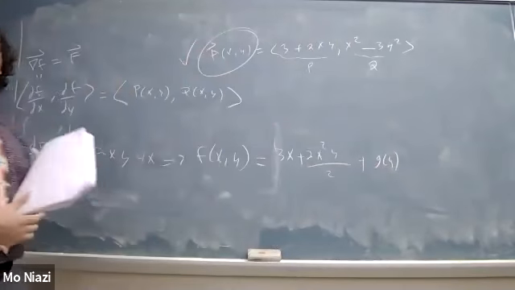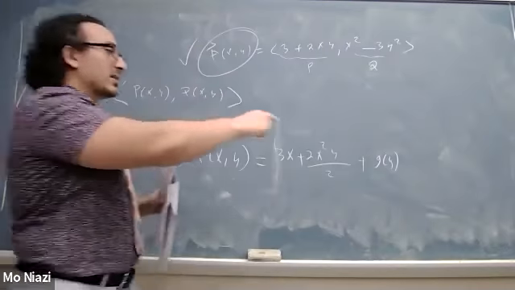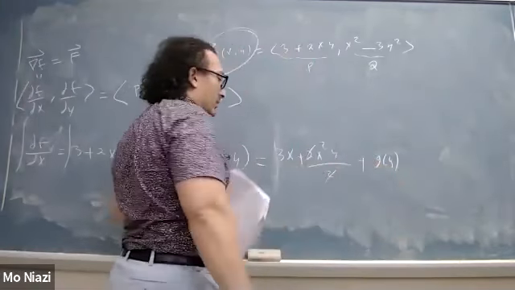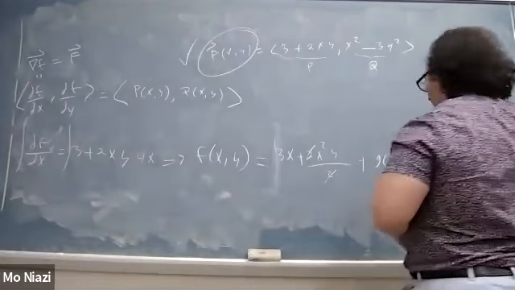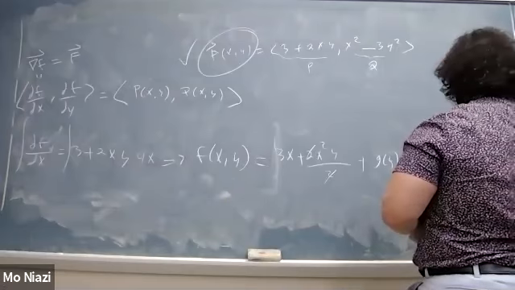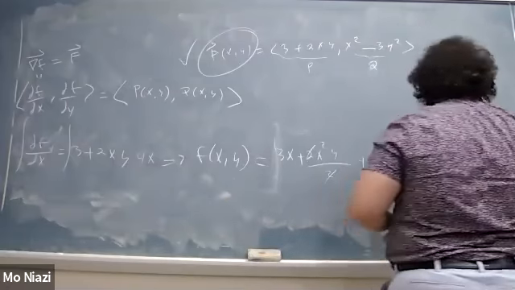The derivative treats it as a constant. So that's why we put that g(y), because theoretically it could possibly be there. So when we cancel out these 2's, we get our f(x,y) equal to 3x + x²y plus our g(y). This is our f(x,y).